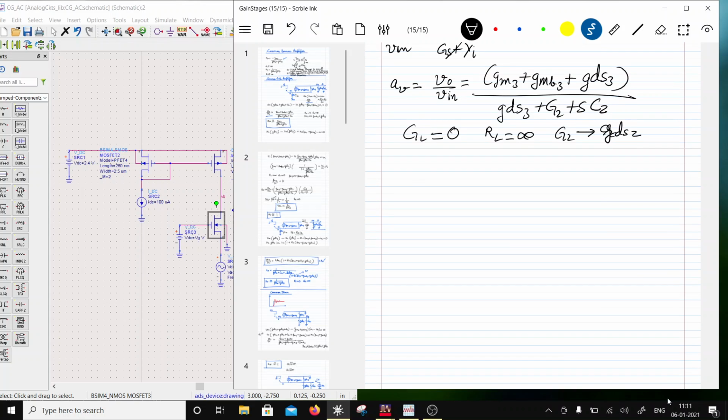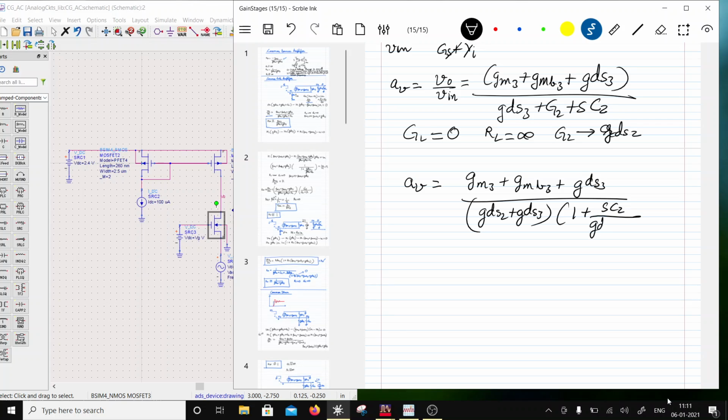So in that case AV will be equal to GM3 plus GMB3 plus GDS3 divided by GDS2 plus GDS3, common I will take out, and I'll be left with 1 plus SC2 divided by GDS2 plus GDS3, right?